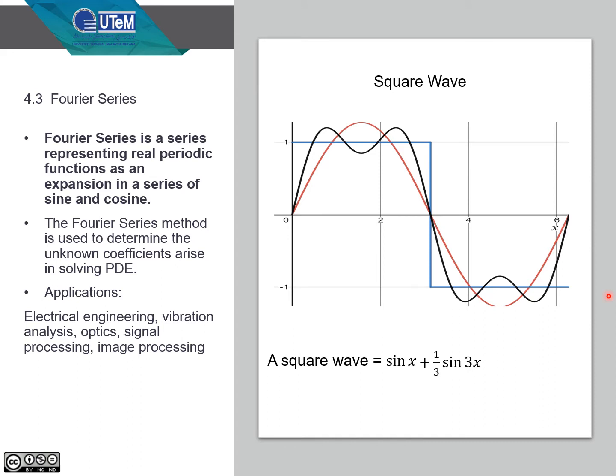If we add more sine waves into the equation, sine x plus 1 over 3 sine 3x, and we plot the summation of the sine waves, the plot looks like the black line.